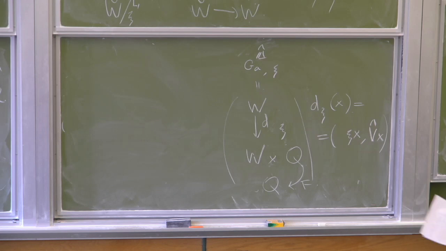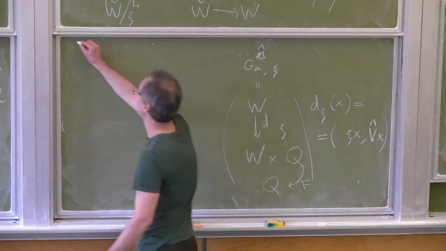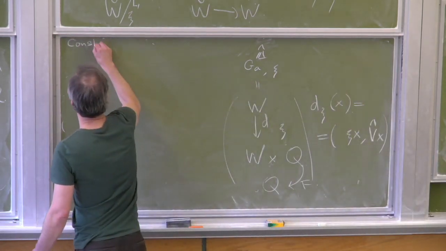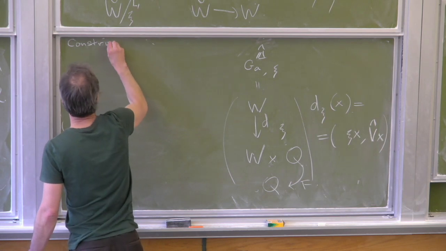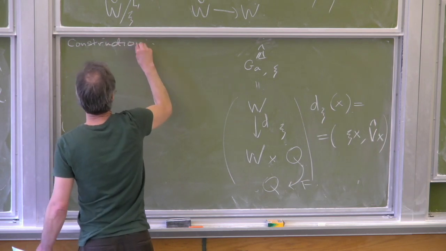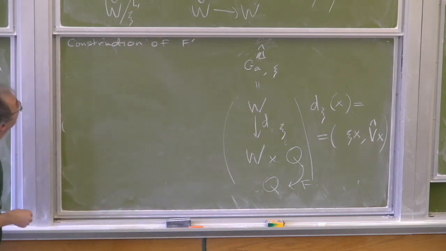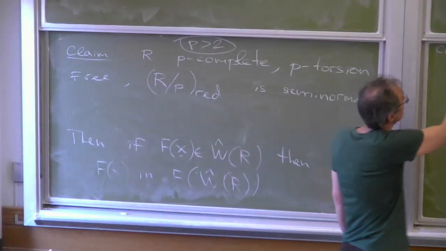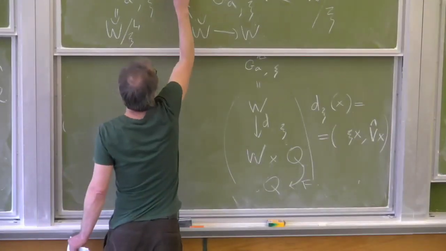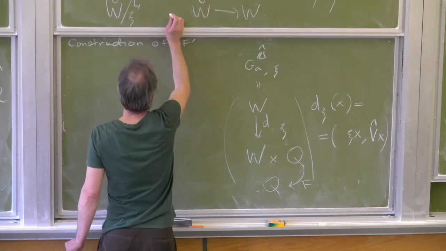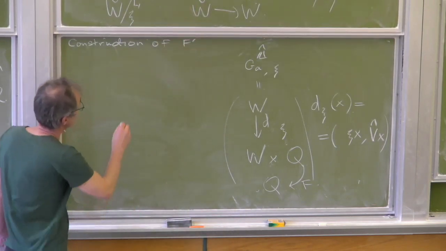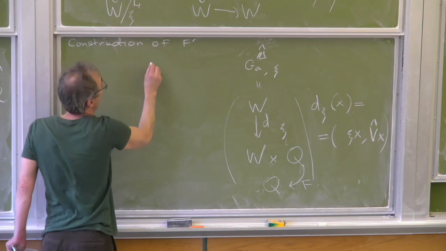So let's construct, construction of F prime. So this is the construction of the canonical map, and this is the construction of F prime. So what does it mean? What do we have to do?